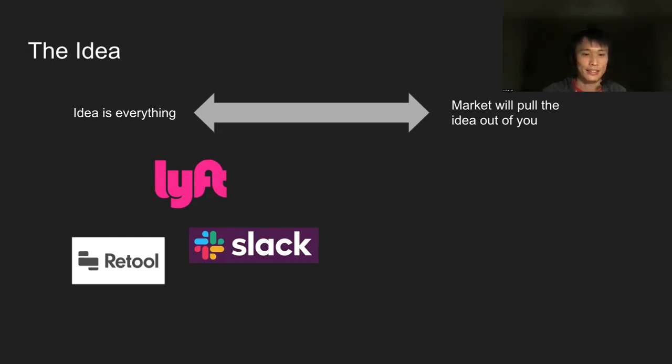As for Slack and Retool, Slack is the famous case of making a 180-degree pivot. Slack started off as a game developer. They were making some open-ended game, but it turned out they were not getting a lot of usage out of it.